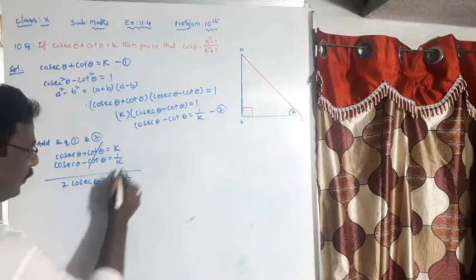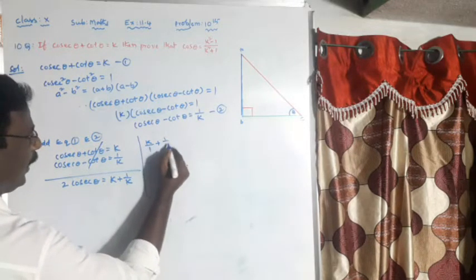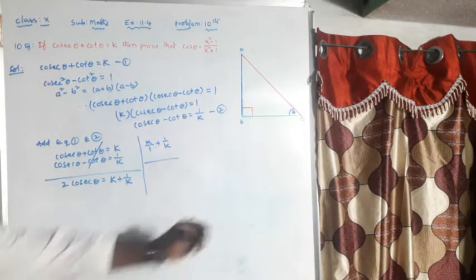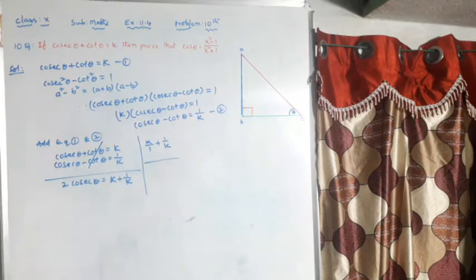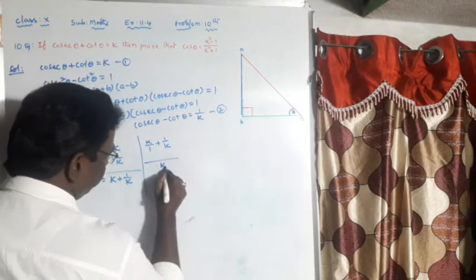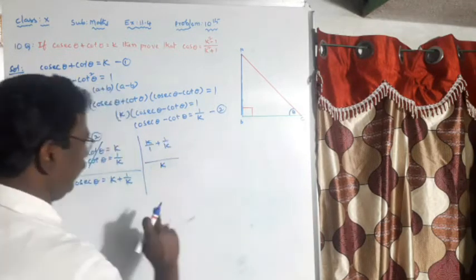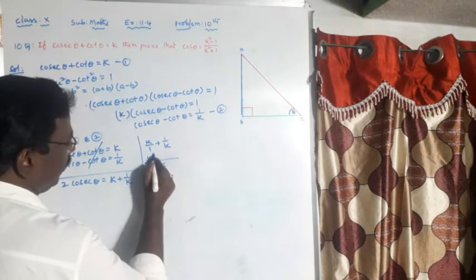Now you can add these two. k by 1 plus 1 by k. Here two fractions there. While you are adding fractions, find the LCM first. For denominators, 1 comma k, LCM k only. Now do division k with 1. You will get k only. k into numerator, numerator k only. k into k is equal to k square.